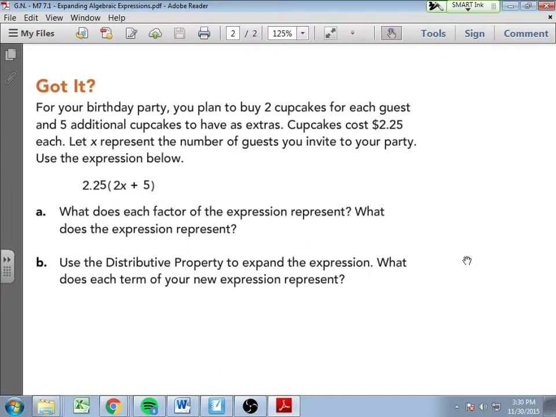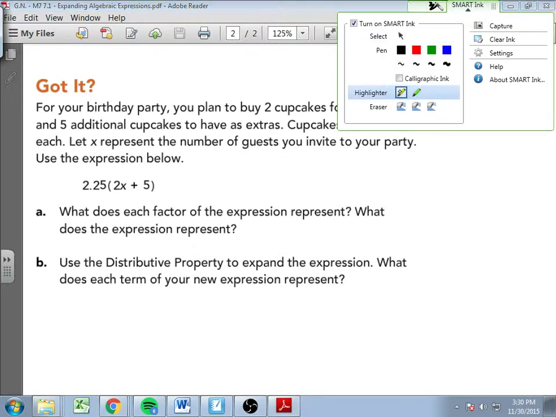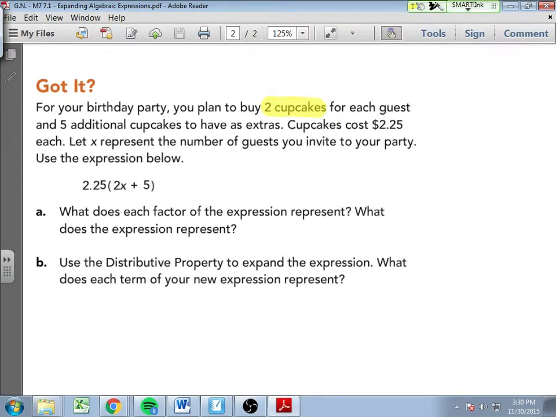So you order 5 extra cupcakes. So we have 2 cupcakes for each guest, 5 additional cupcakes, and each cupcake is going to cost $2.25. So I want you, right by A, to list out what each factor represents.